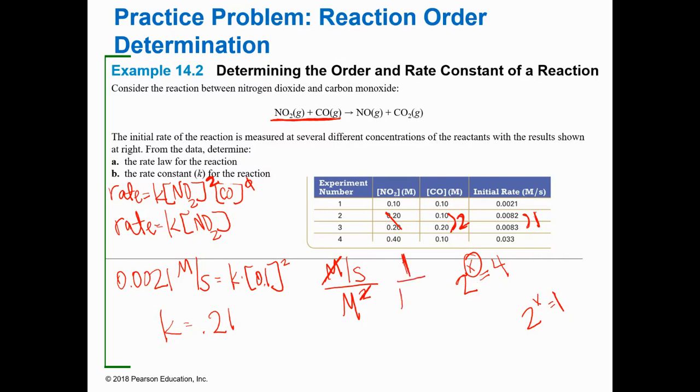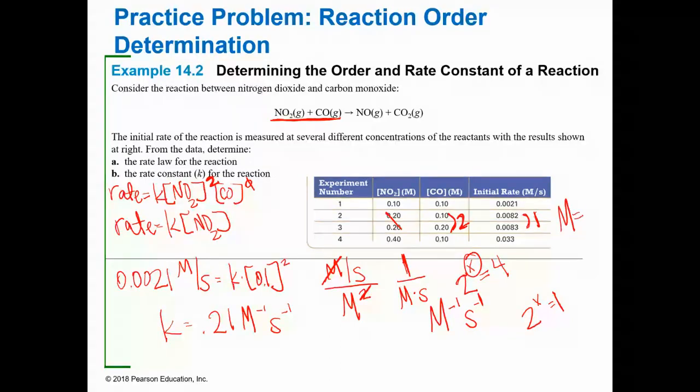So you can either write it as 1 over molarity times seconds, with both on the bottom. Most of the time, though, it'll be written with exponents. Remember that a -1 exponent means it's in the bottom. Also, remember molarity is moles per liter, so sometimes I'll invert that molarity, and it'll be liters over moles per second.